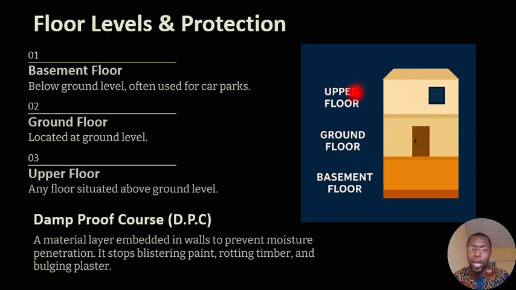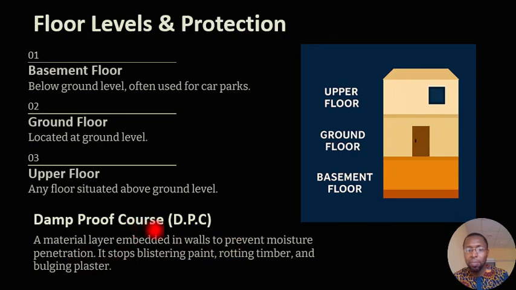And then they need to protect the wall of the building. The material we use is called the DPC, damp proof course. A damp proof course is a material layer embedded in the wall to prevent moisture penetration.